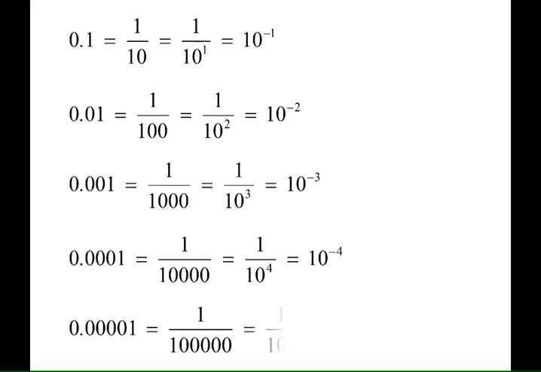The last one I have here is 1/100,000th. That's 1 over 10 to the 5th, and so we bring that up, and that's equal to 10 to the negative 5th. We're going to use those momentarily to pack up numbers in scientific notation.